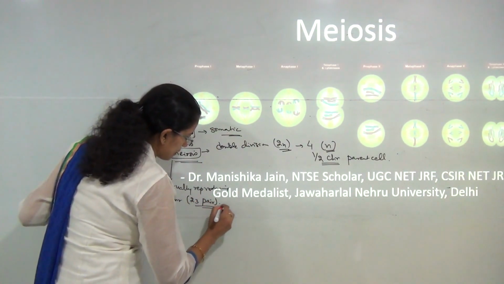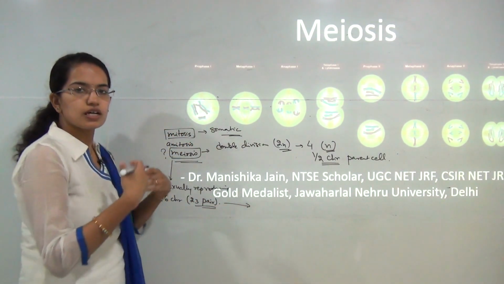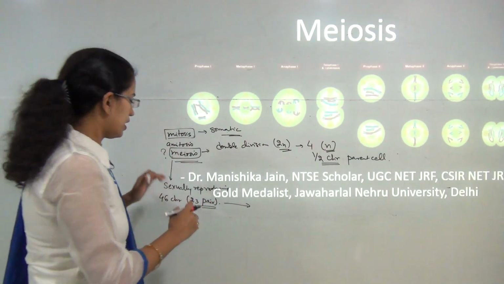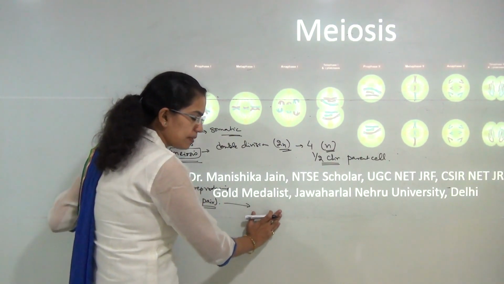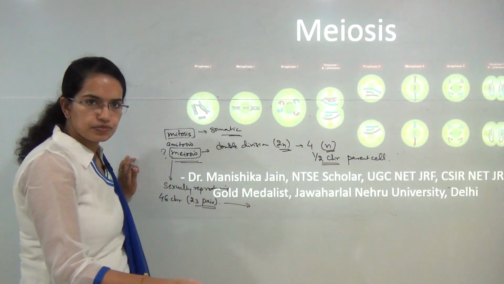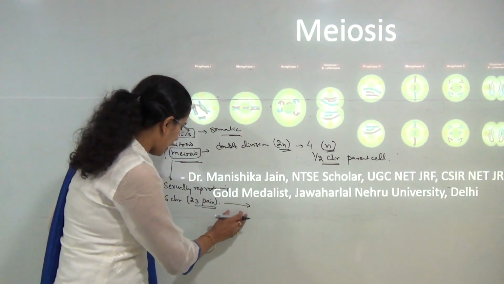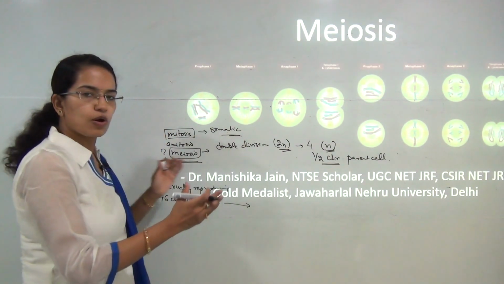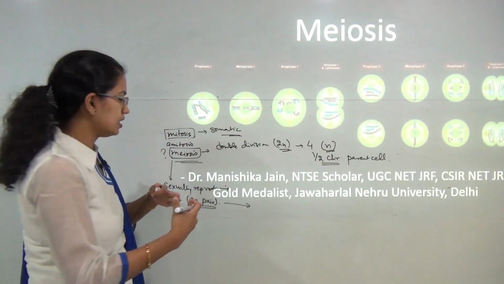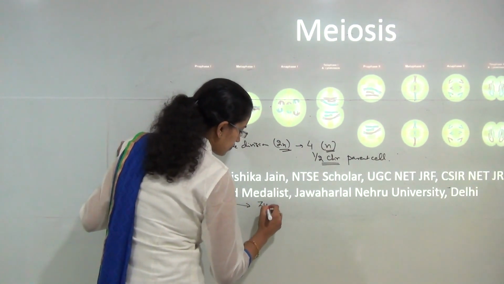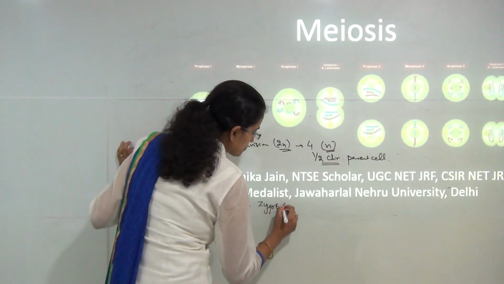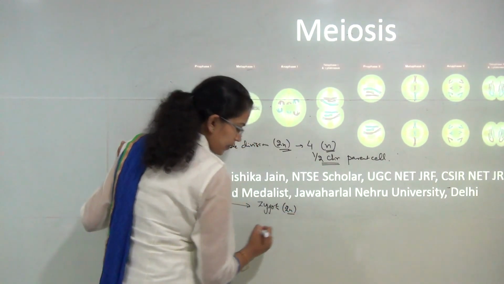Now what would happen if that goes on to the second generation? If we do not reduce this to half, this would double in the next generation. Therefore, there is a requirement to reduce the pair from both the father and the mother to half, so that ultimately you have zygote formation, and that zygote would again be 2n or diploid.